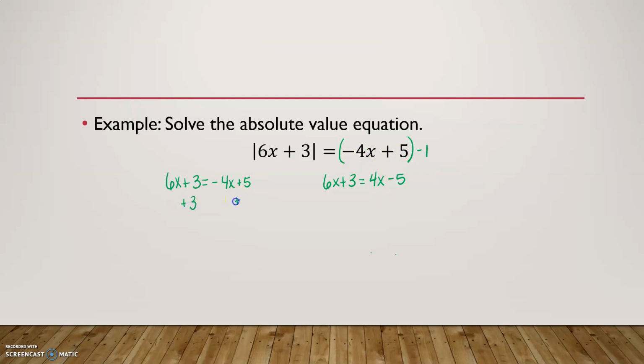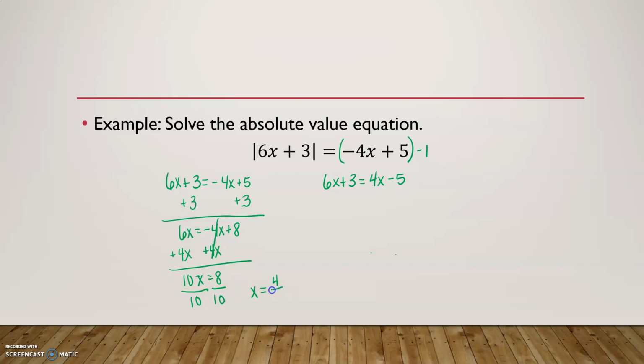I'm going to add 3 to both sides. I'm going to add 4x. And I get 10x equals 8. Divide both sides by 10. Yes, you do have to leave your answer as a simplified fraction.